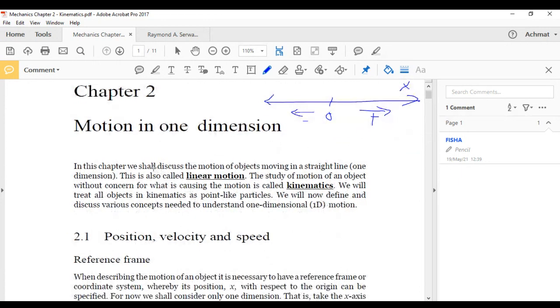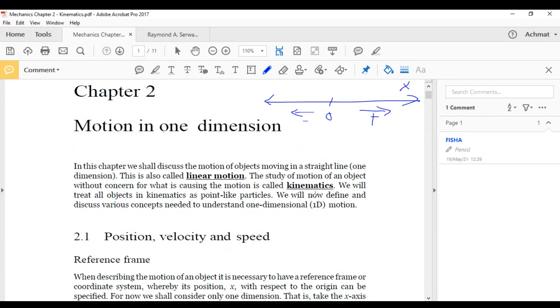As you can see here, this will also be called linear motion. Now, to take this further, they say the study of the motion of an object without concern for what is causing the motion, in other words a force or energy or whatever, without considering those, is kinematics.